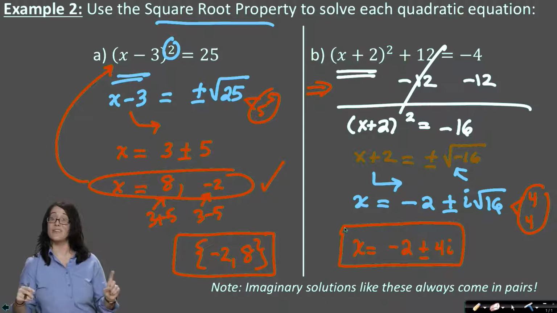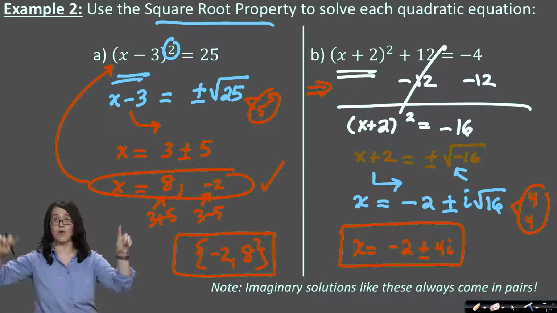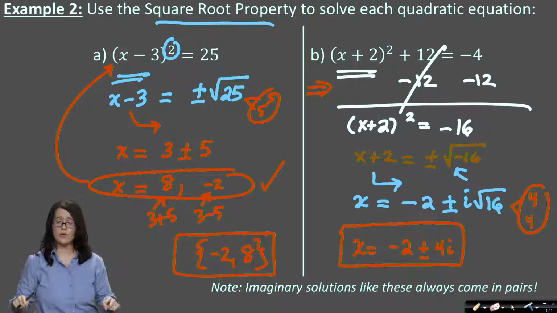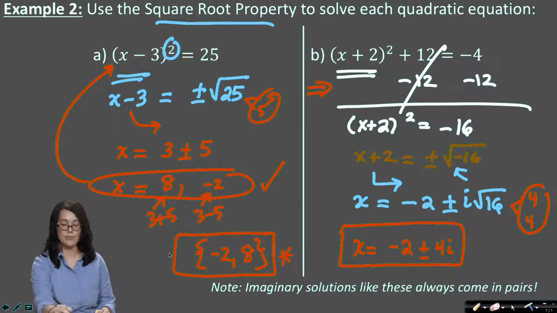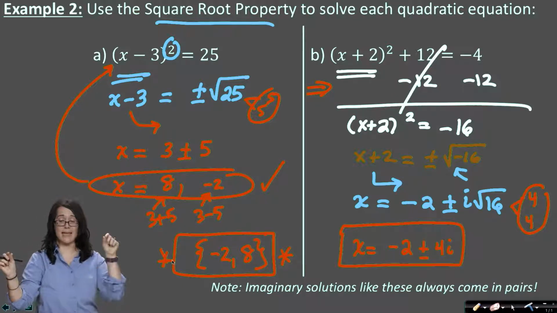Now, when we get to understanding the meaning of these problems, we'll be actually talking about graphs which are parabolic in nature. Degree 2 equations are parabolic, and if it's x squared, they're opening up or down. These will turn out to be telling us the x-intercepts for graphs. When you get real solutions like we did in part A, we'd have an x-intercept at -2 and at 8.